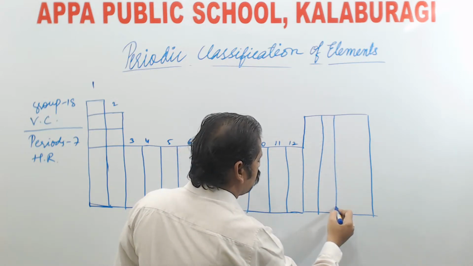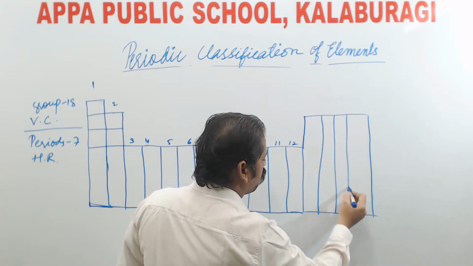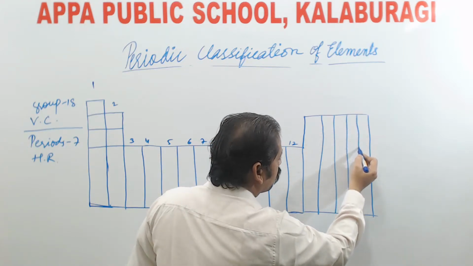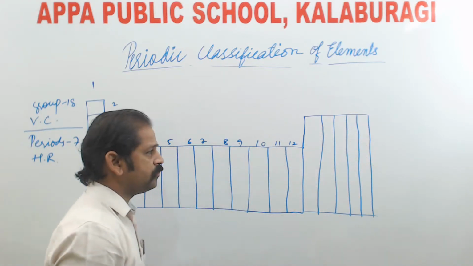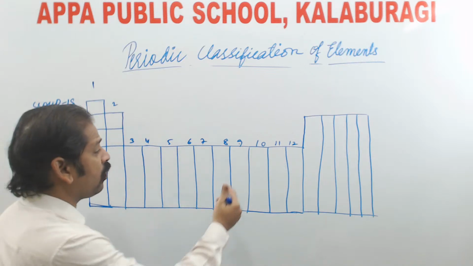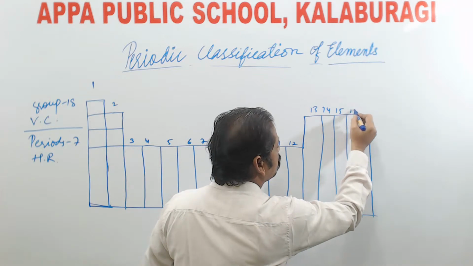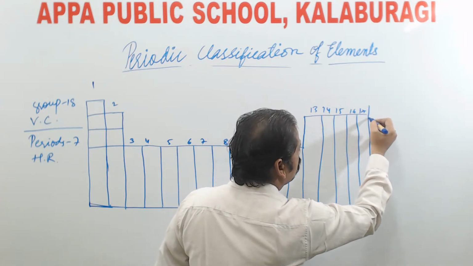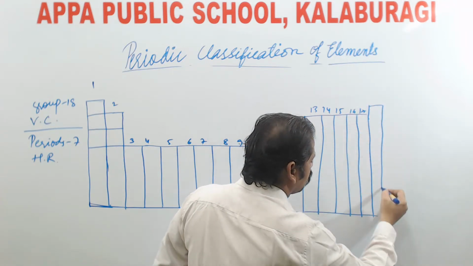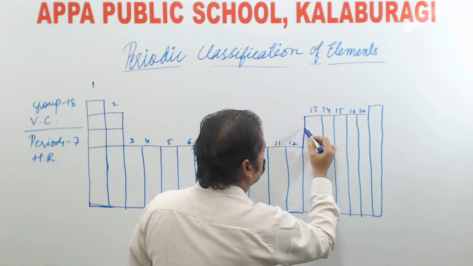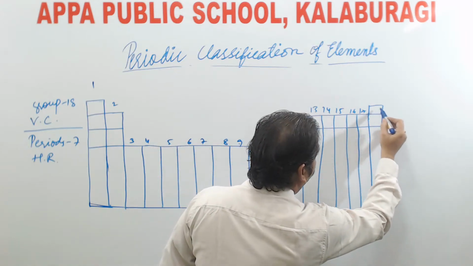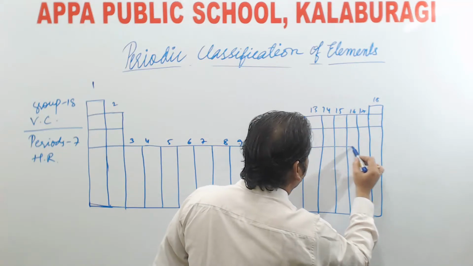1, 2, 3, 4, 5. 5 are there. This is the P block, group number 12, 13, 14, 15, 16, 17. The last group is 18.